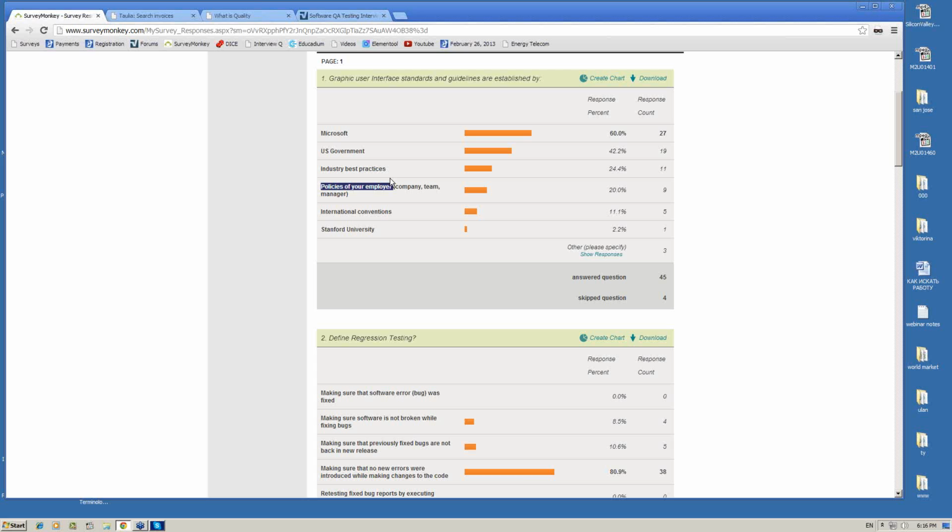And people who give the money do not pay any attention to graphic user interface yet. So they pay attention to absolutely different things. They might tell you, listen, just don't do it. I mean, forget about graphic user interface. Unless it crashes, don't even bother to report. It might happen. So then you follow the policy of your employer.